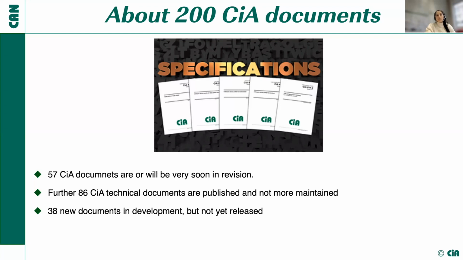Further, 86 CiA technical documents are published and no longer maintained, meaning that there are no pending comments and no new feature requests. Many of them are mature and have been used successfully for many years. Additionally, there are 38 new documents in development, but not yet released.